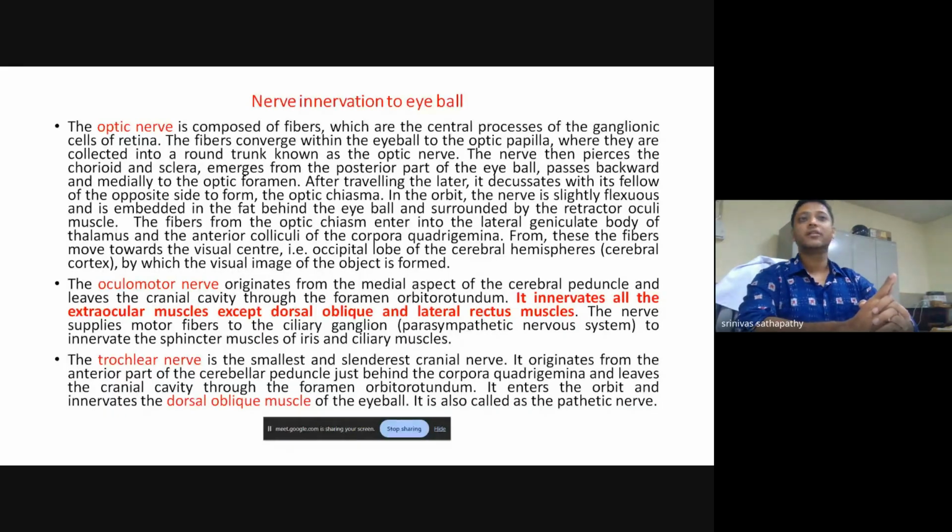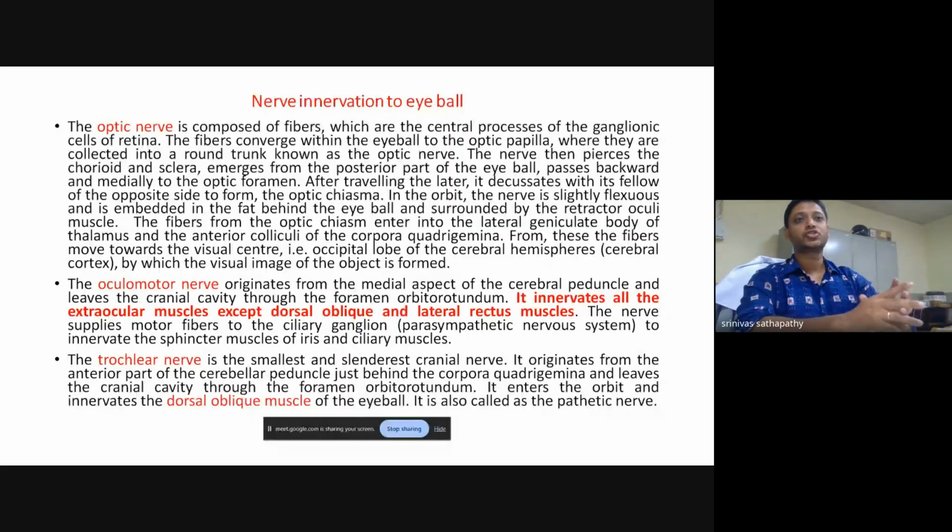They are not innervated by the oculomotor nerve, but all the rest are innervated by it. Important thing is the oculomotor nerve exits from the skull, or cranial cavity, through the foramen orbitorotundum, the second foramen which I've shown you.